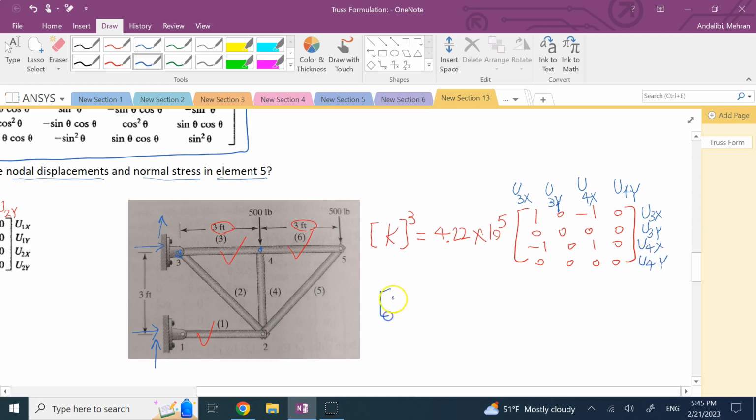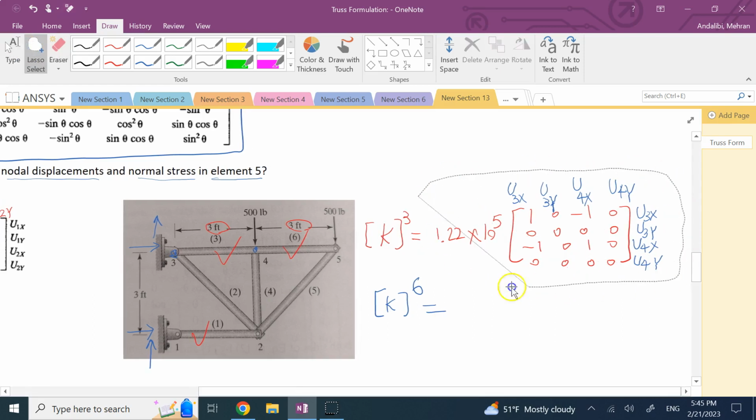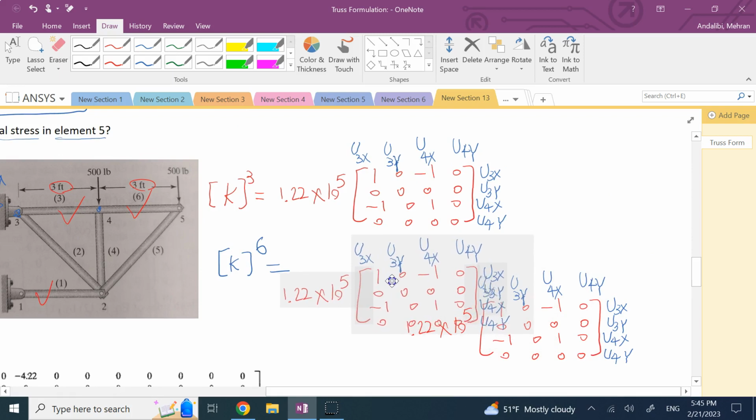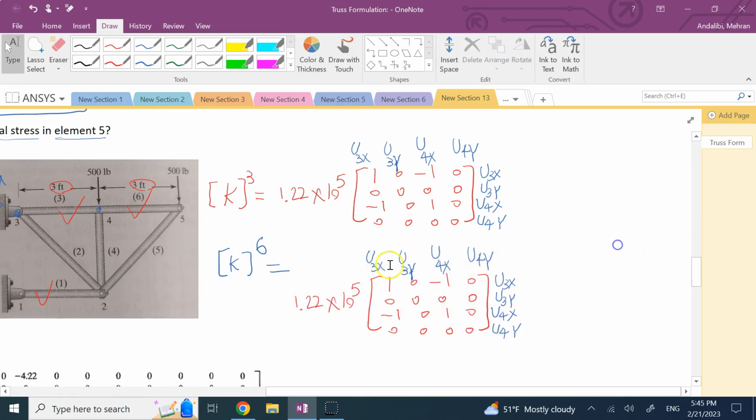Yes, and if I want K of 6, it's going to be the exact same thing. Let's see if I can copy it so I save some time. The only thing is it is going to be basically for which nodes? The nodes on the side of member 6, which you can see they are what? 4 and 5.